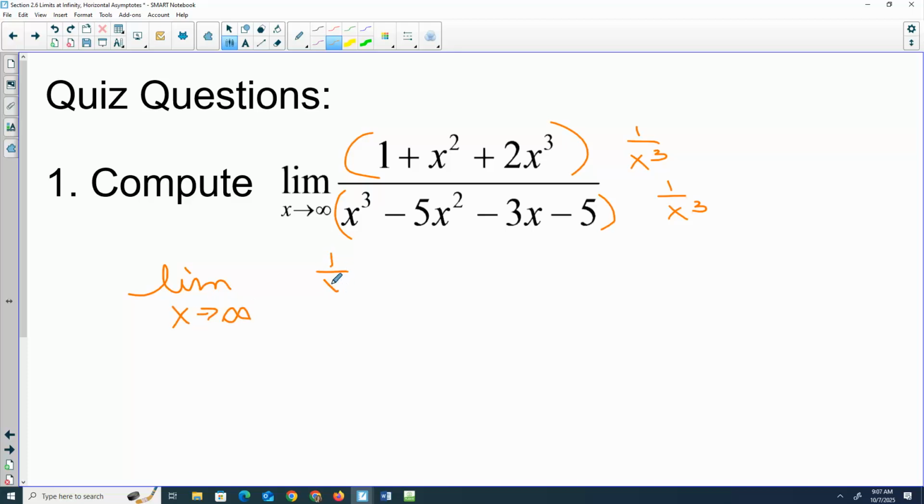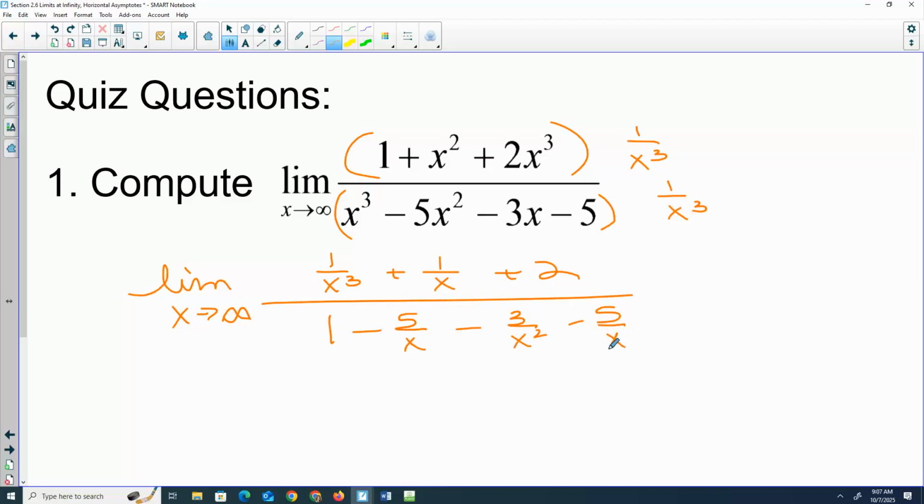So we have 1 over x cubed plus 1 over x plus 2. On the bottom we get 1 minus 5 over x minus 3 over x squared minus 5 over x cubed. Anything with x on the bottom, if I'm plugging in infinity, a number divided by infinity goes to 0, so you get 2 over 1 or 2. Is that okay?